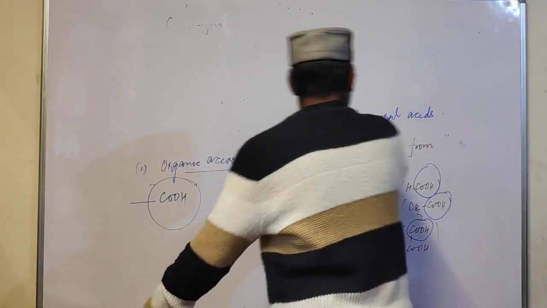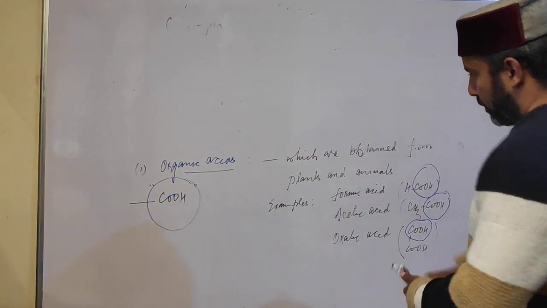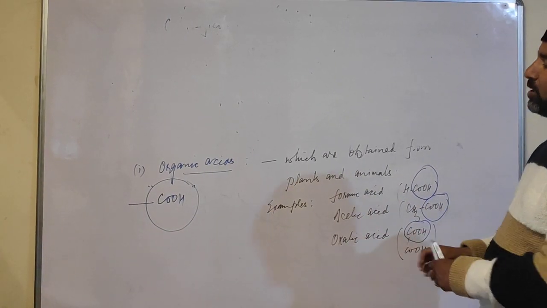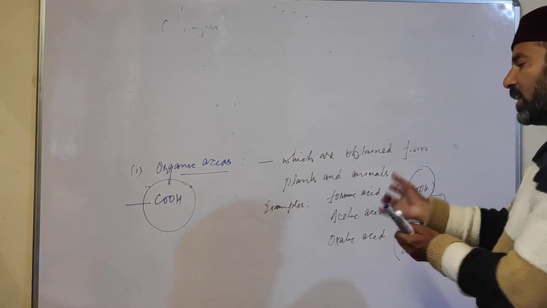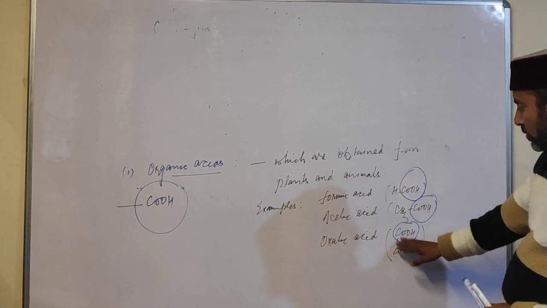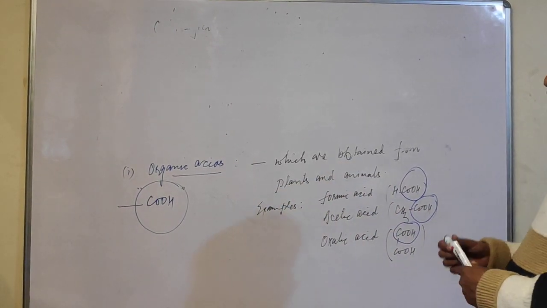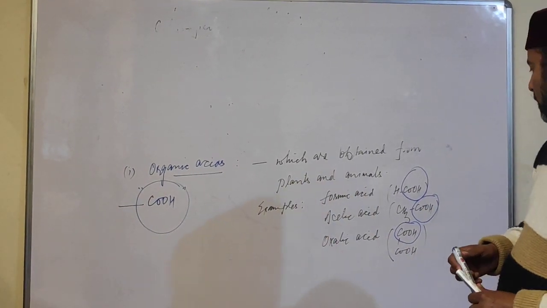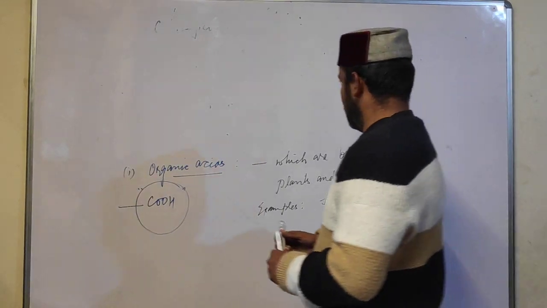Which means that carbon is the essential element of organic acids, means organic acids mein carbon hoga hi. Now you can see all these compounds are carbon compounds. So carbon is the essential element of organic acids.